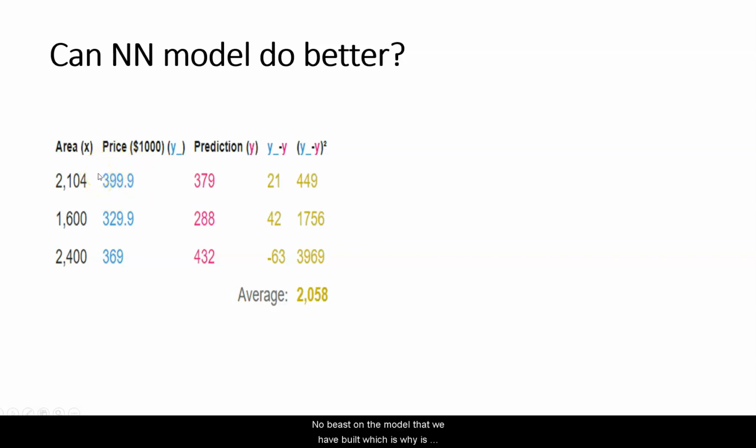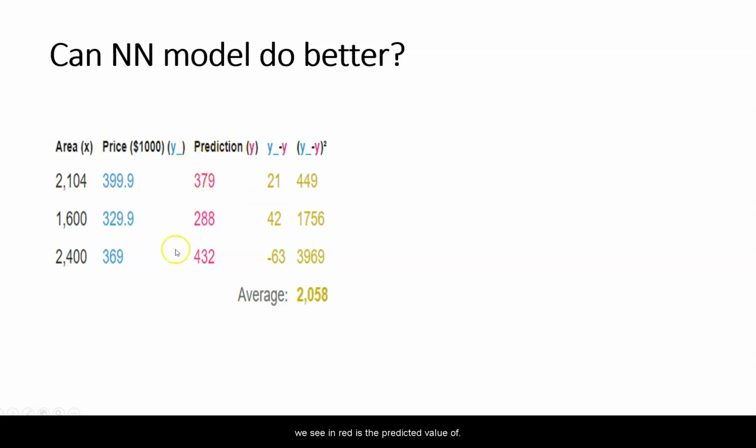Now, based on the model that we have built, which is Y is equal to 0.180x, which was based on the average price per square feet based on our data set, we come up with the predicted value of Y. So based on our model we have created, the house with square feet 2104 was sold for a price 379.